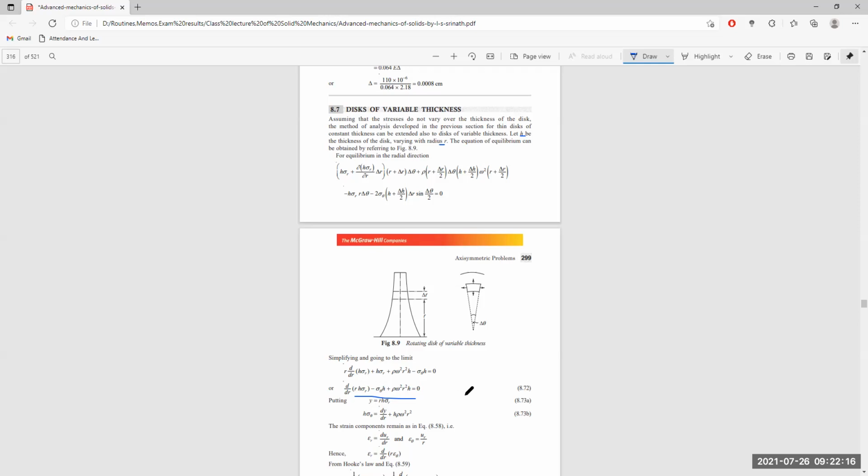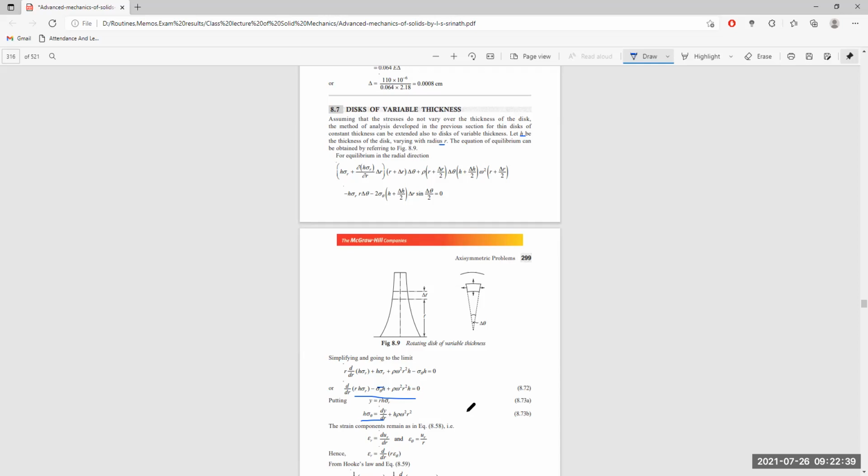So what we have here, h into sigma theta, this portion is on the right side, it is negative, and on the left side, this one as well as this one is there. So h sigma theta, dy by dr, plus rho omega square r square h.